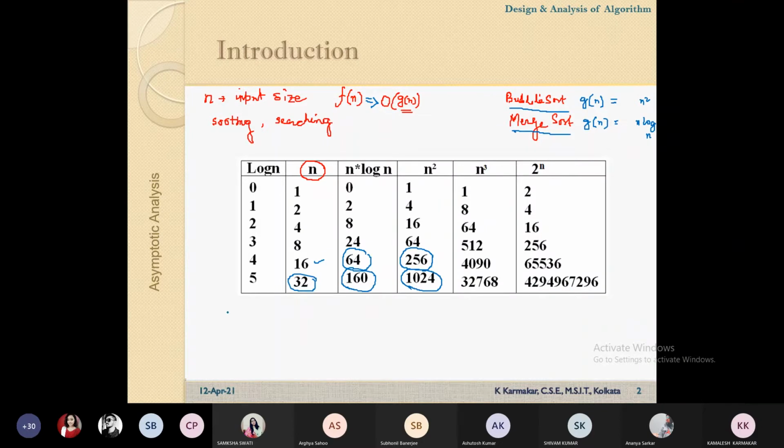Is it clear how, with the change of the value of n, the system performance will vary if the complexity of an algorithm is n log n or n square or n cube? At least I think you have some basic idea about it. This is just some discussion which you have already learned in the previous semester. Just to recap, we are discussing it here again, because this paper is completely dependent on the basic concepts which you have learned in data structure.